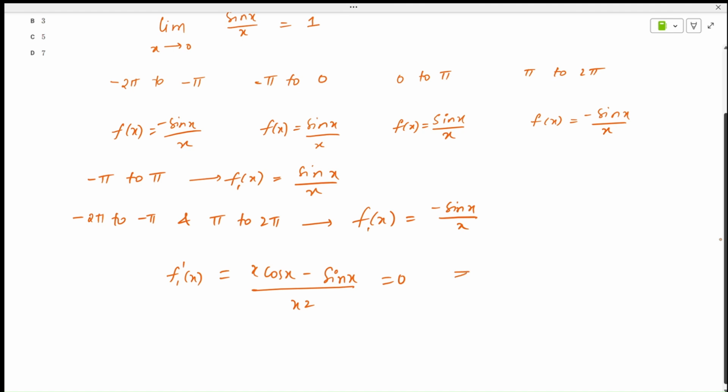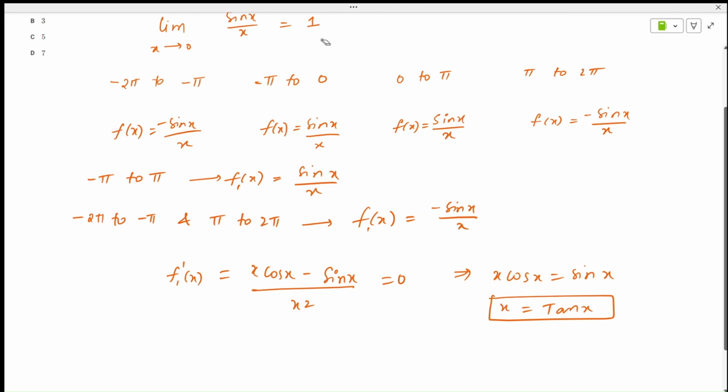So from this, x cos x equals sin x and x equals tan x. So we will get different values for x here. We'll check it by graph later.